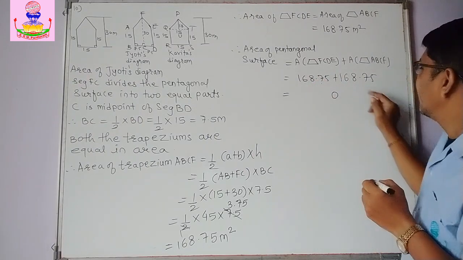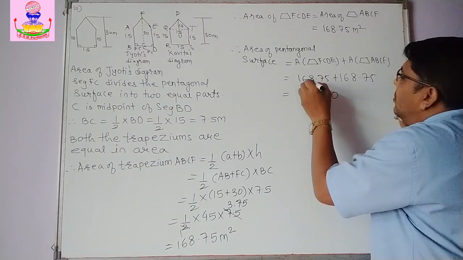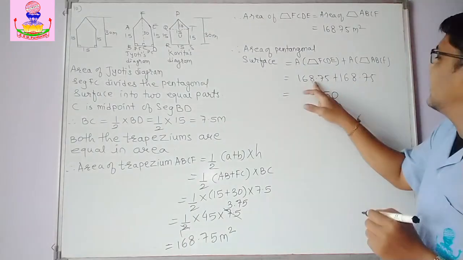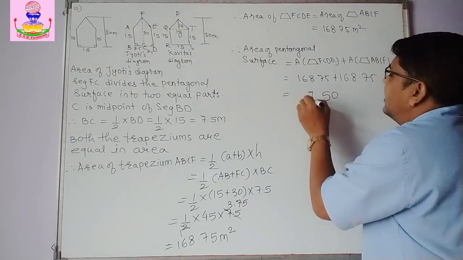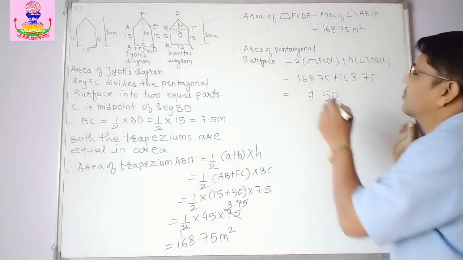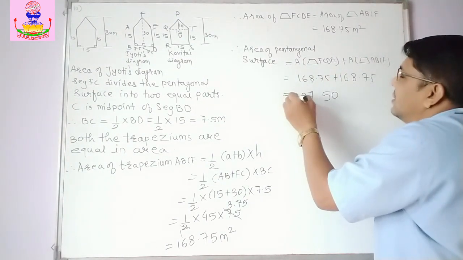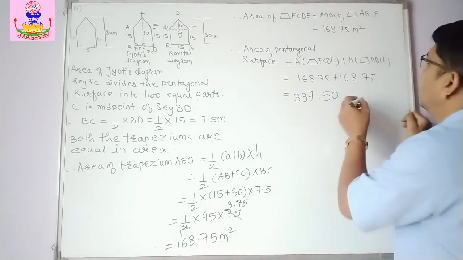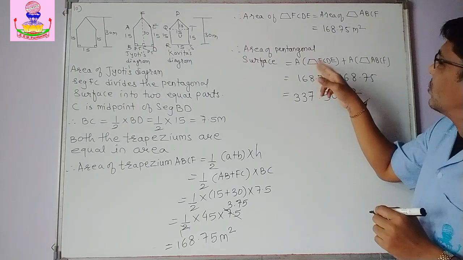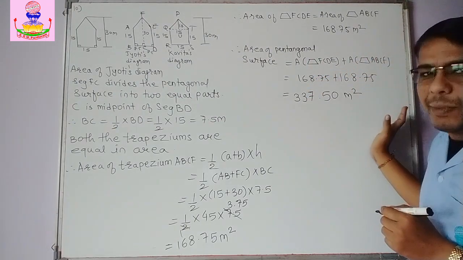I took it 16.75 by mistake. So 5 plus 5, 10, 1 carry on. 7 plus 7, 14 plus 1, 15, 1 carry on. Decimal point. 8 plus 8, 16 plus 1, 17, 1 carry on. 6 plus 6, 12, 12 plus 1, 13, 1 carry on. 2 plus 1, 3. So 337.50 meter square.